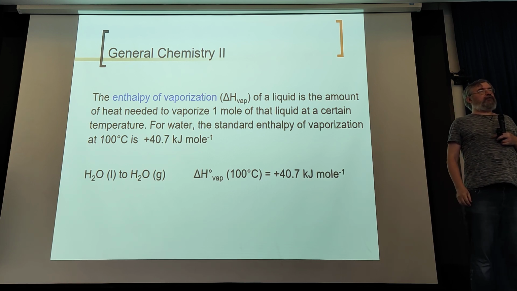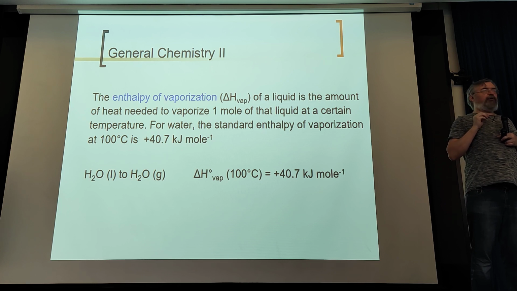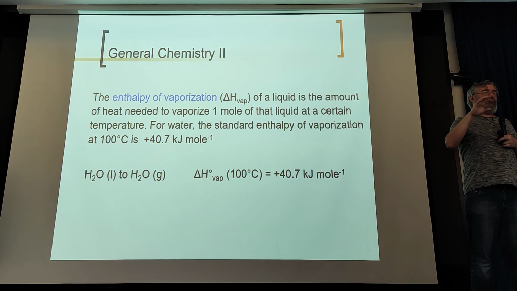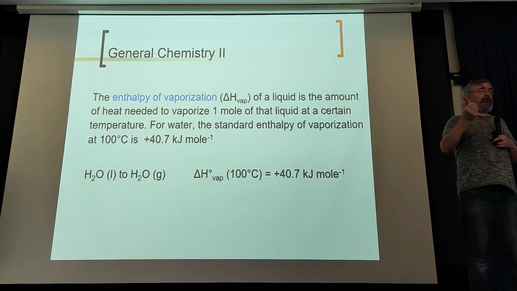Why is that? Well, if we convert the liquid to the gas, almost all of the interactions between the molecules are cancelled, because the gas behaves like an ideal gas without interaction between the particles. In the liquid phase, we have hydrogen bonding between the water molecules. All of these hydrogen bonds have to be broken. That costs energy.